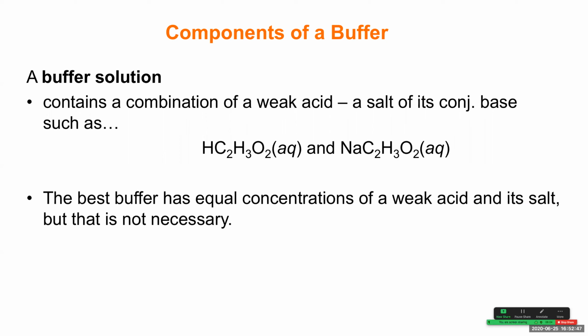So here's a combination that would make a buffer. We have acetic acid and sodium acetate. Acetic acid is here, aq, understanding that these are aqueous solutions of acetic acid. And the conjugate base is here, the acetate ion.